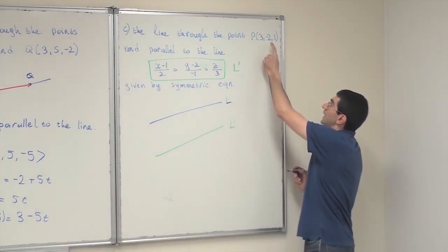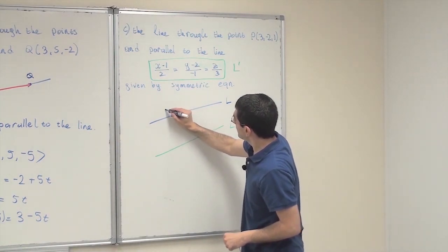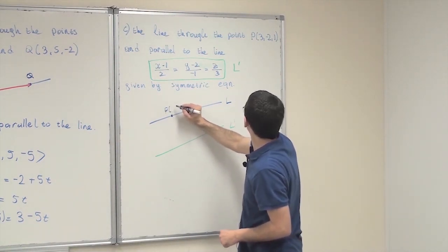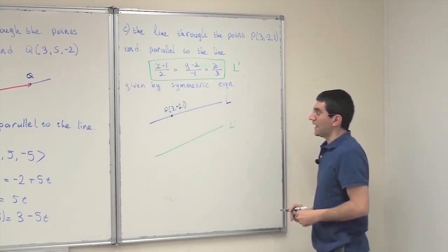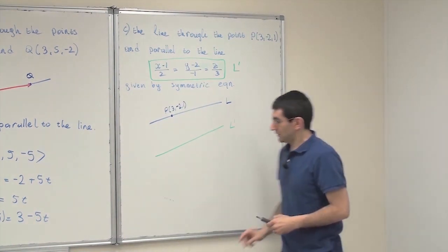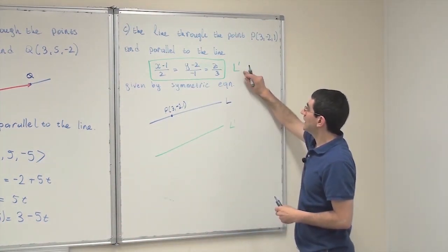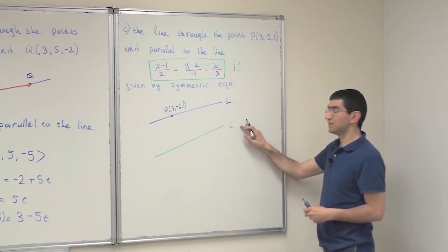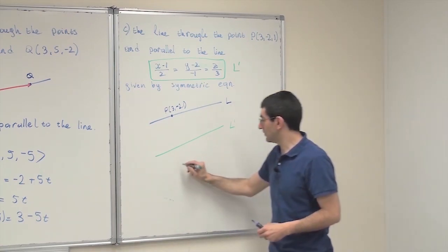So, now we know that on the blue line we have a point (3, -2, 1). From the symmetric equations of the line L prime, I can find a vector which is parallel to the line L prime.